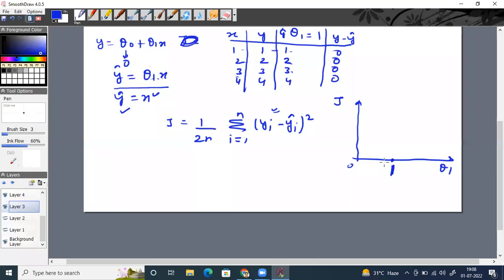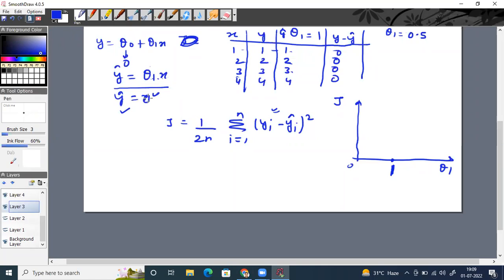Fine, no issue. Now let me check another value of theta. Suppose theta 1 this time is 0.5, or minus 0.5, whatever you want to pick. Suppose I put 0.5 this time. So when I put 0.5, what will the equation become?